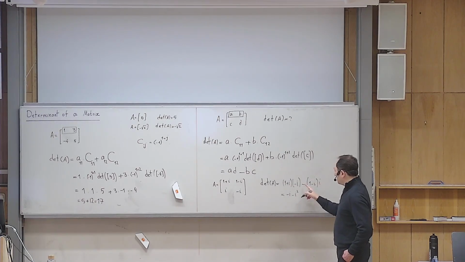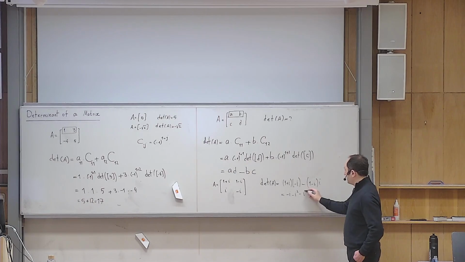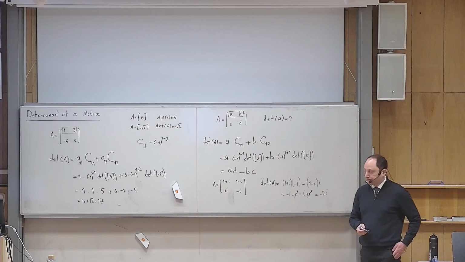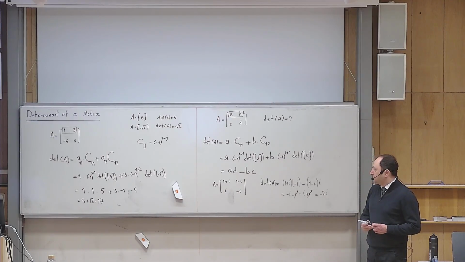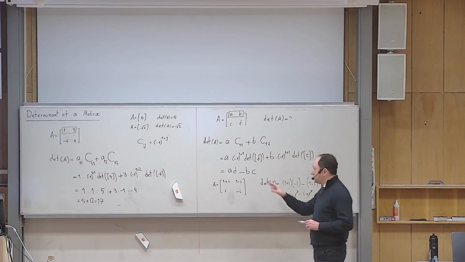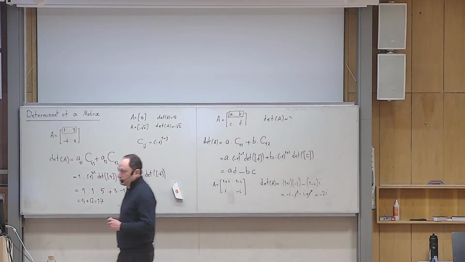I multiply this in, there is a minus sign here, so it becomes minus i plus i squared. And i squared and i squared are gone, so the answer is just a complex number again. That's 2i. Okay, so this is the formula that we can use.